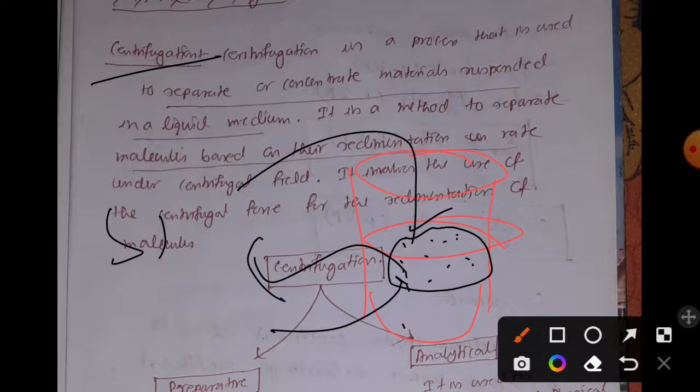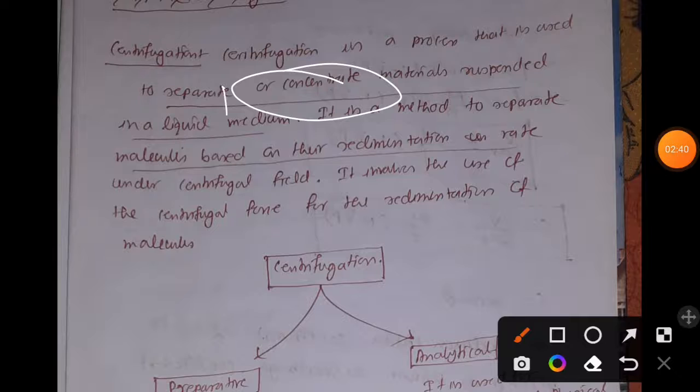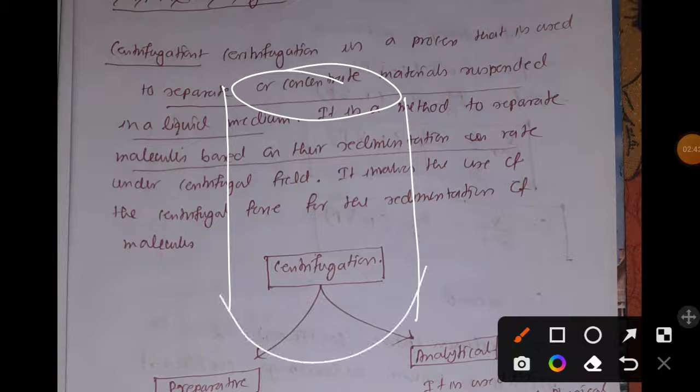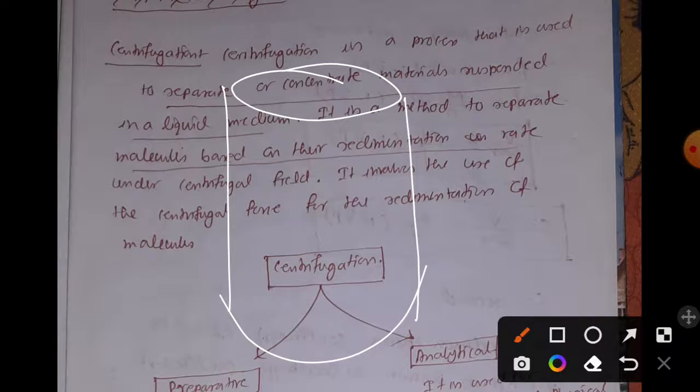Okay, so what is centrifugation? Centrifugation is nothing but what we used to observe in the case of gravitation, with the help of gravitational force. That means, suppose you have taken a glass of water and you kept it for some time, by putting some small materials in it.